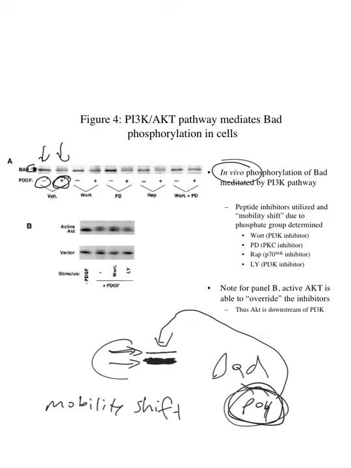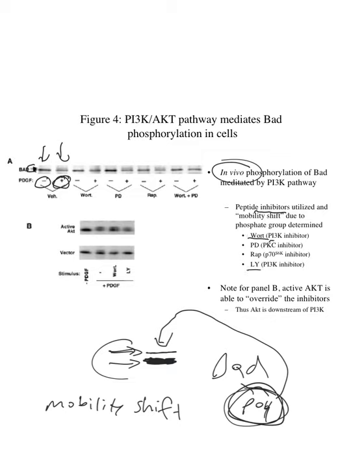So now we can start using inhibitors. Remember that inhibitors are part of our arsenal of tools, and the technique of using an inhibitor to dissect a signaling pathway is very common. Remember earlier they used these inhibitors called wortmannin and LY.